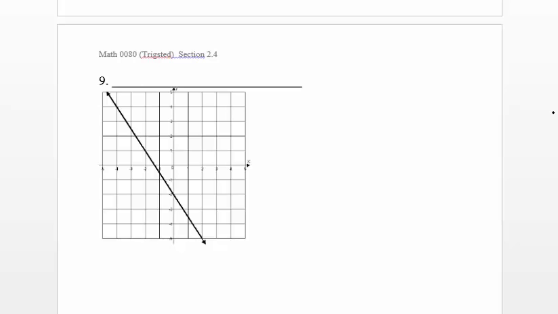On number 9, I have a y-intercept of negative 2. So b is negative 2.